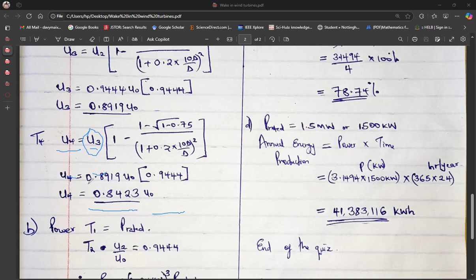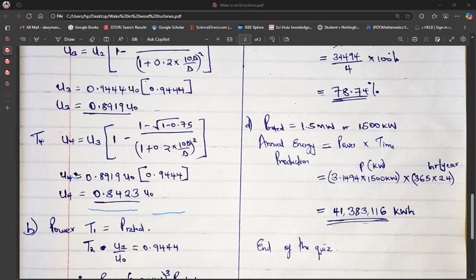So this is here. And then we have that in the brackets still the same, because the distance between the third turbine and the fourth turbine is 10D. So we shall still have the same value, 0.9444. And now when you multiply the two, you get 0.8423 U0. So that is the wind speed experienced by all the four turbines. We have calculated all of them.